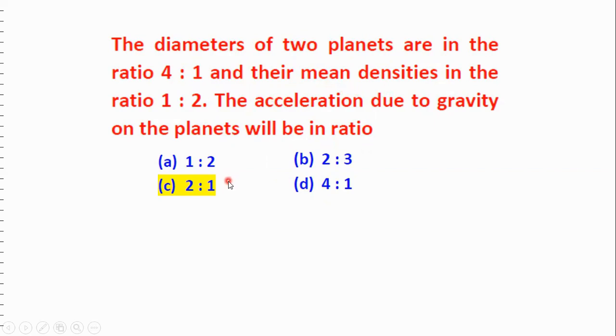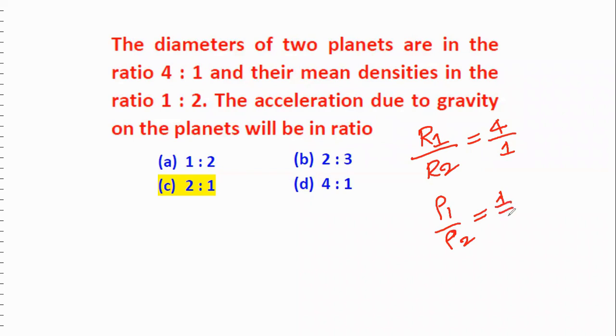The diameters are in the ratio 4:1, so the radii are also in the same ratio, since radius is half of diameter and directly proportional to diameter.